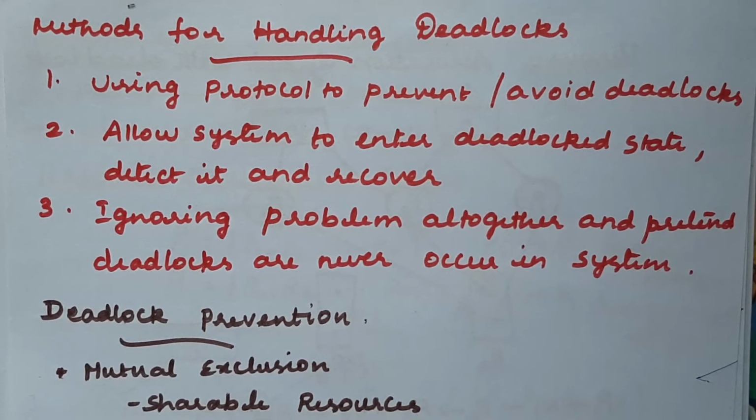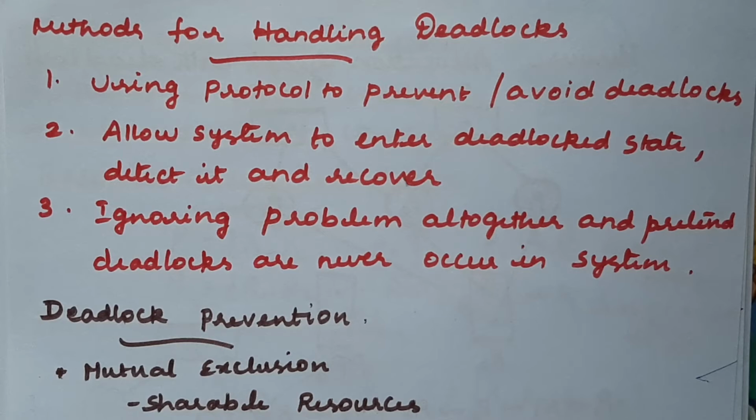If all these conditions are satisfied, then obviously it will lead to deadlock. So to prevent the deadlock, we have to ensure that any of these conditions is not satisfied in the system. If any of these conditions is not satisfied, then we can say deadlock will never occur in the system. So we can prevent the deadlock in this way.